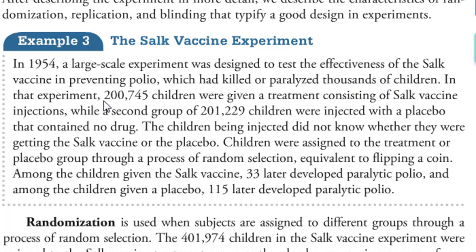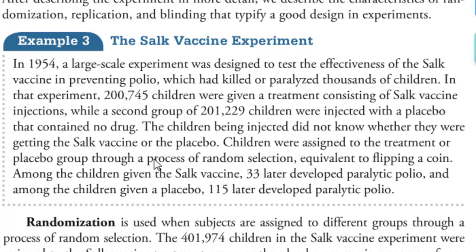In that experiment, 200,745 children were given a treatment consisting of Salk vaccine injections, while a second group of 201,229 children were injected with a placebo that contained no drug. The children being injected did not know whether they were getting the Salk vaccine or the placebo.